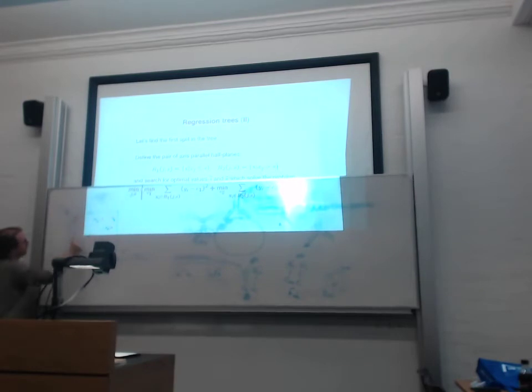Here we have x2 and x3. Here we have x5 and x3, and so forth. Between every pair of points in the x direction, we have a potential split. So we have different splits.